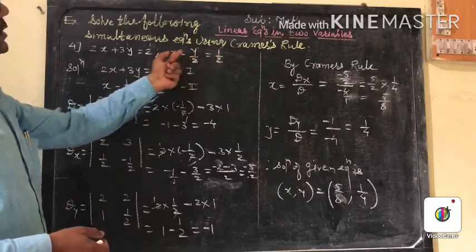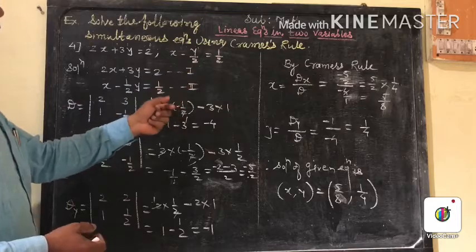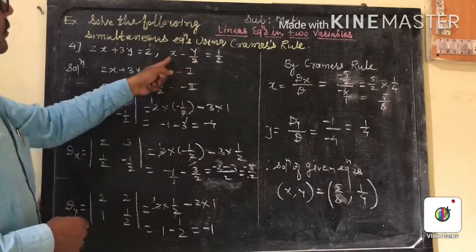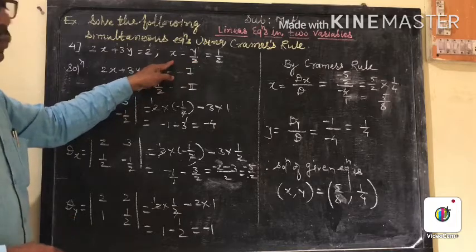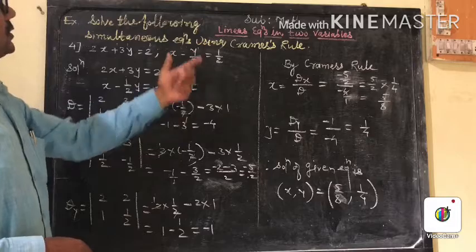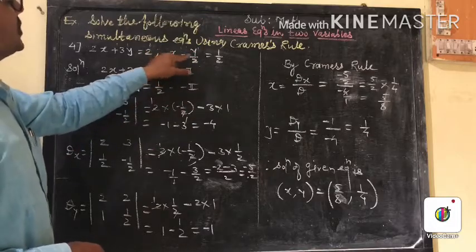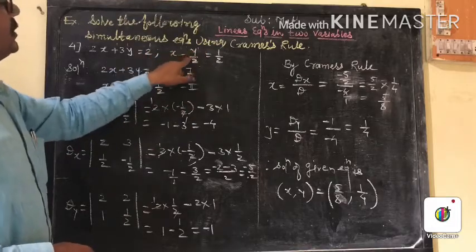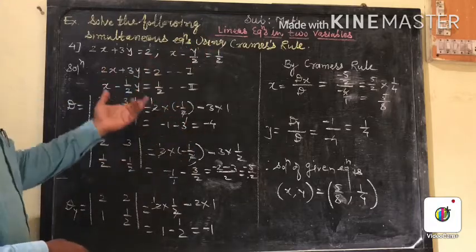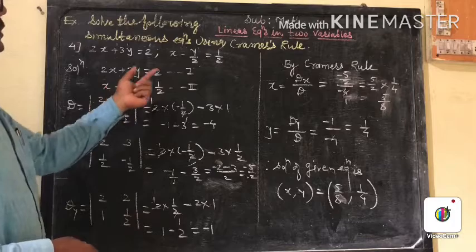When b and c are fractions, you can convert to integer form by multiplying this equation by 2 on both sides. Then b and c are integers, but there is no need for conversion.